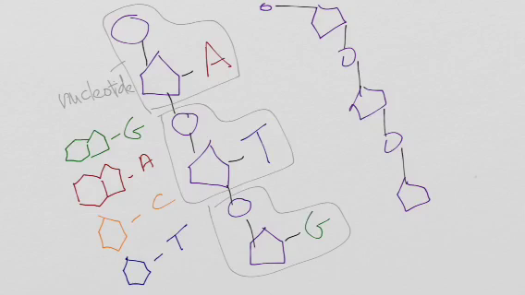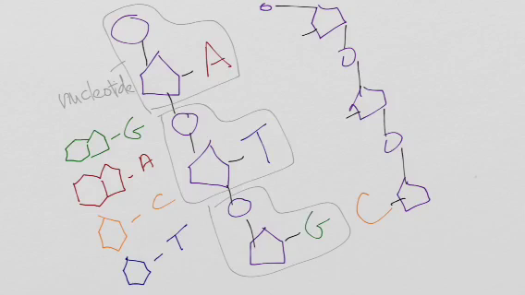G always bonds with C, and A always bonds with T. So if I've got a G here, I know that I have to have a C over here. So this has to be a C here.